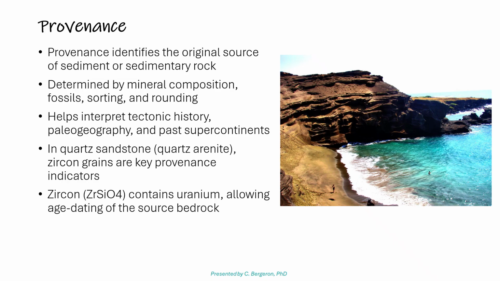And geologists use provenance to help put together tectonic histories, and to help reconstruct paleogeographic settings, understanding how the Earth's continents moved, and basically it helps us reconstruct past configurations of our continents.